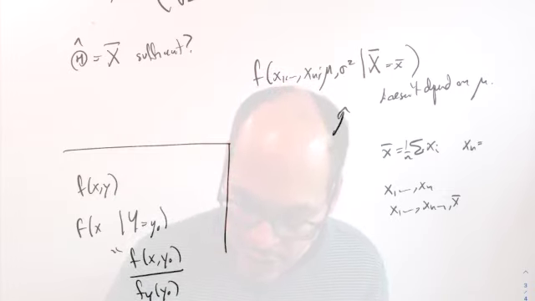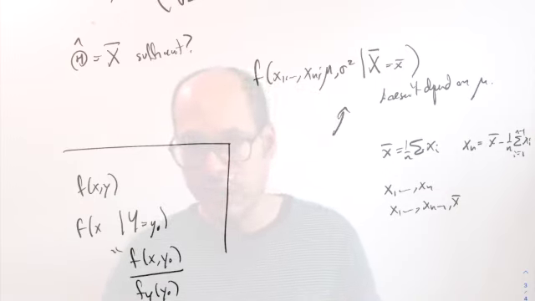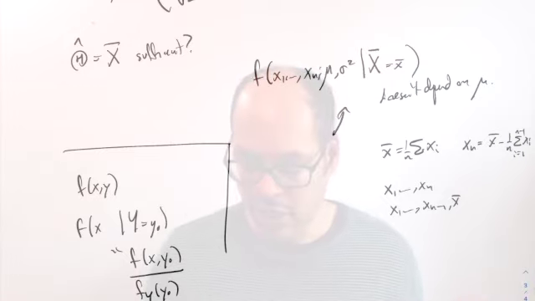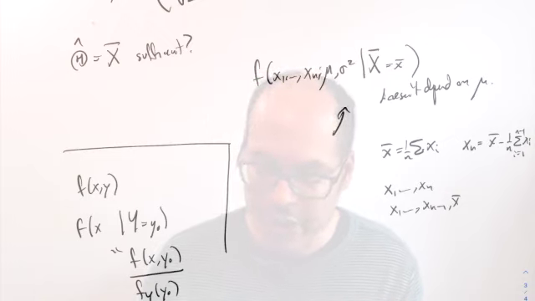Xn is x bar minus 1 over n times the sum from i equals 1 to n minus 1 of the xi's. So I just need to know n of these variables, x1 through xn minus 1 or x bar. Okay, so I can think of this as really depending on these variables.